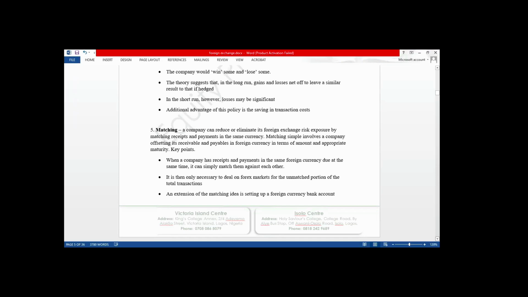Network is back. I will take that again. Matching. A company can reduce or eliminate its foreign currency exposure by matching its payments in the same currency. By matching the payments, the timing of your foreign receipts, you can reduce your exposure to foreign currency risk.